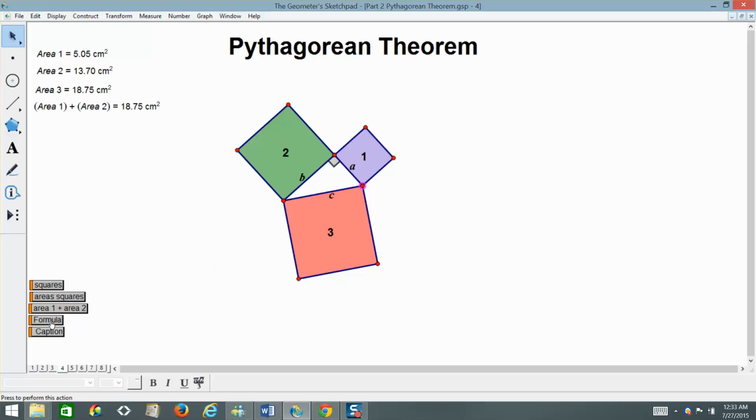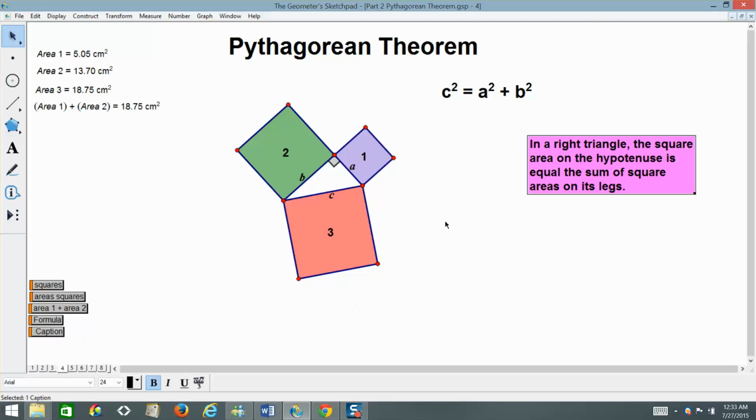Or we can write down here that c squared is equal to a squared plus b squared. c squared is the area of the square on the hypotenuse, while a squared and b squared are the areas of the squares on the legs.